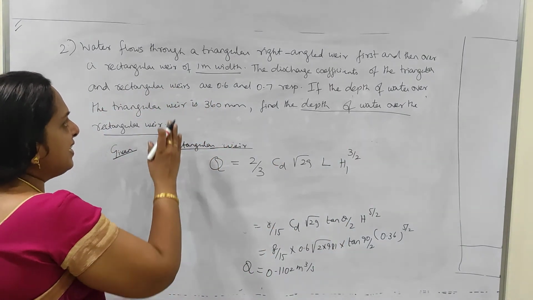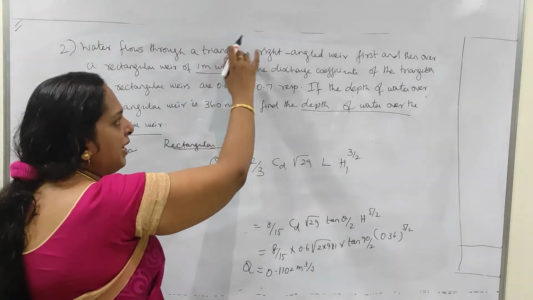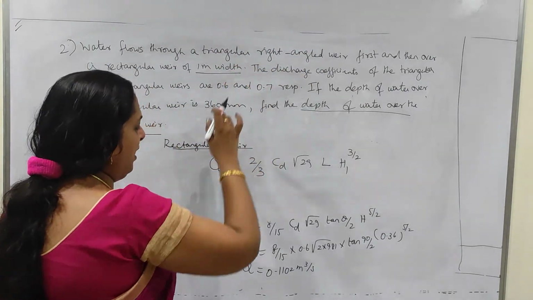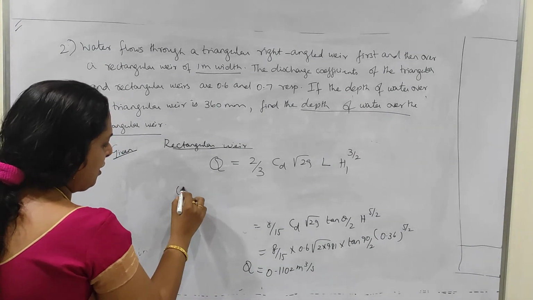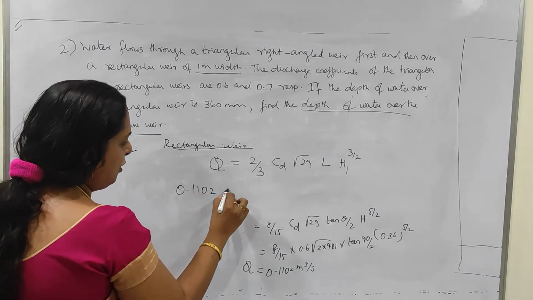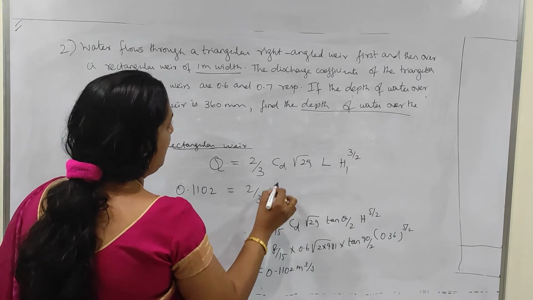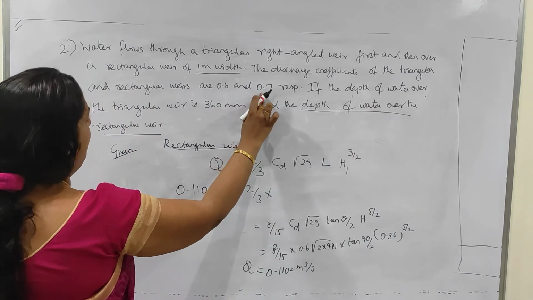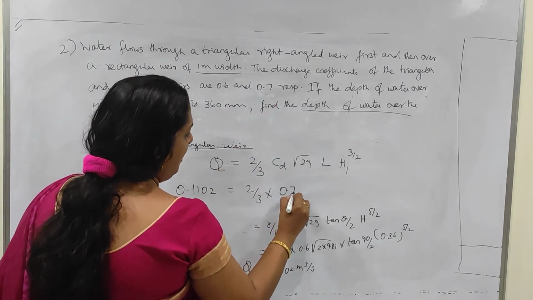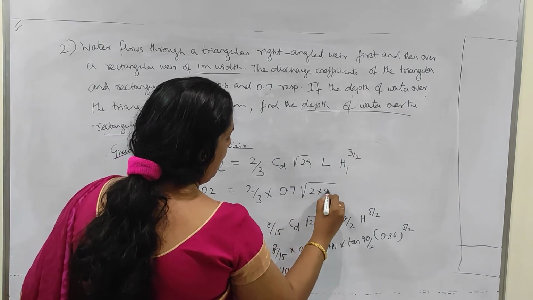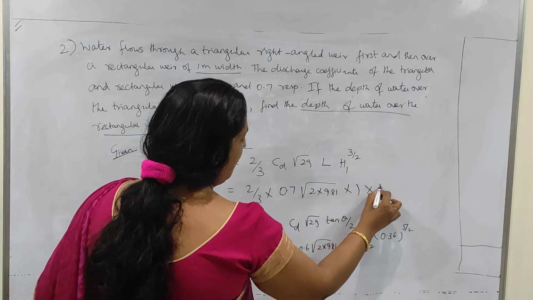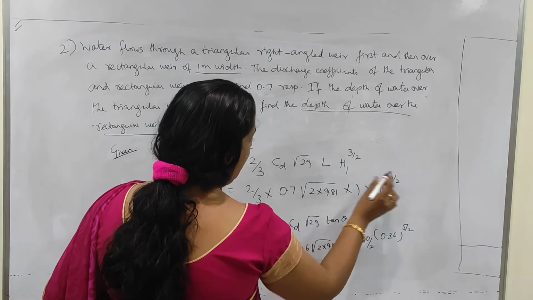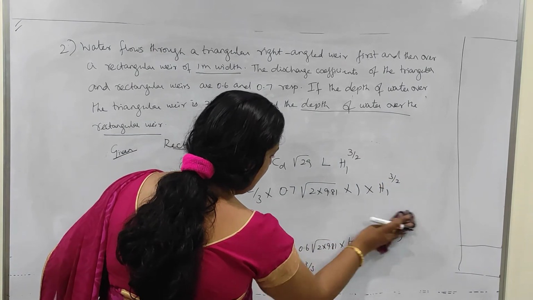Since the same water is flowing from triangular weir to rectangular weir, this Q will be the same as that of the triangular weir. So I am substituting 0.1102 equal to 2 by 3 into CD of my rectangular weir, which is given here, 0.7, into root 2g, 2 into 9.81, into length, which is 1 meter, and H1 is unknown here.